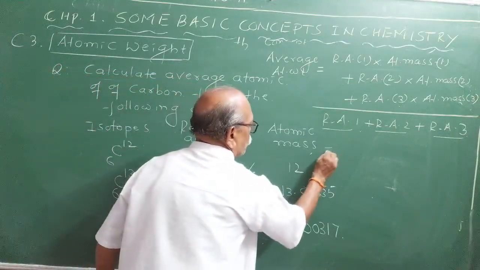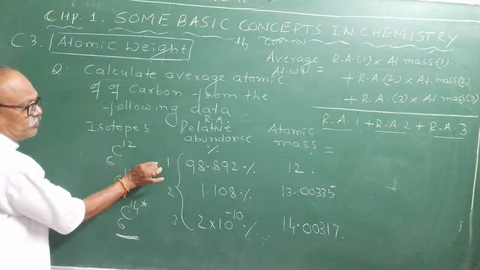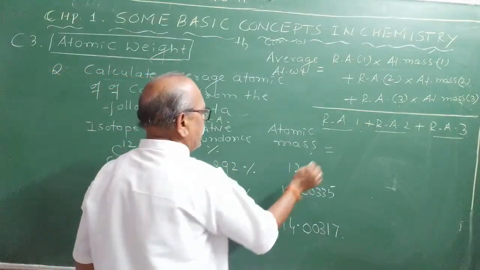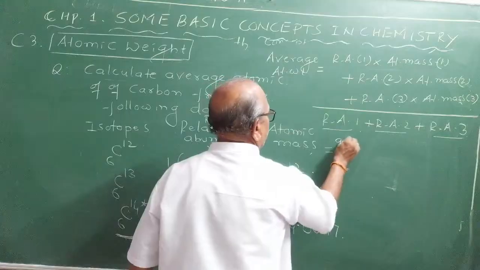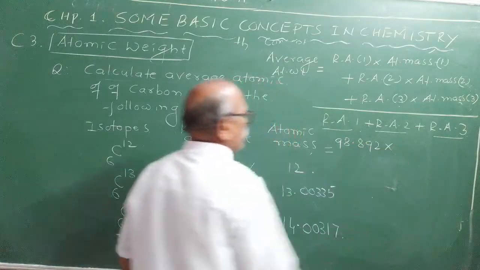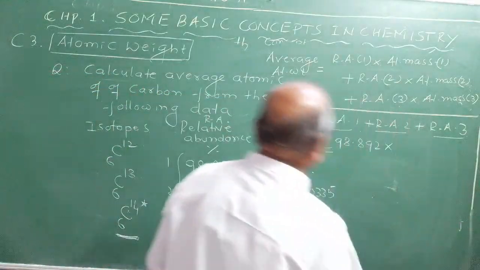First of all, we will take the relative abundance of the first isotope, 98.892. Carefully learn one problem, then you can solve other problems. Into its atomic weight, which is given as 12.